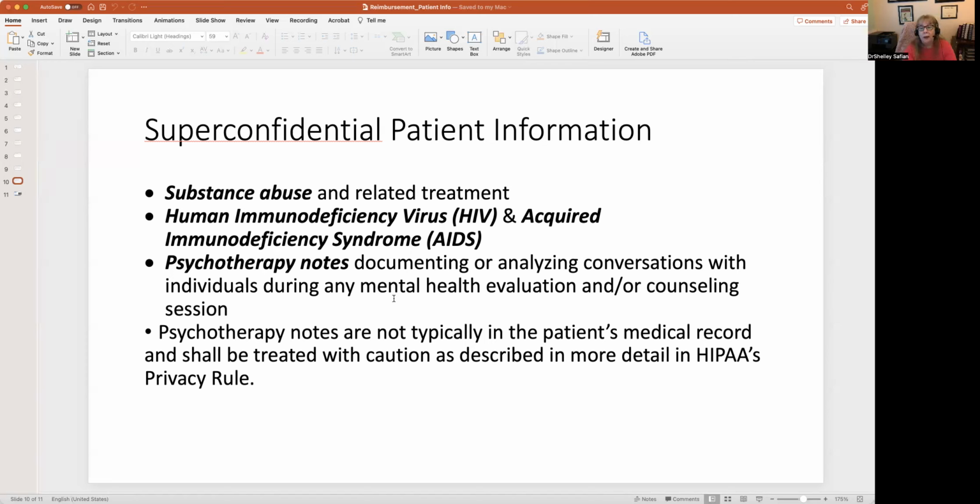This is all described in HIPAA, but you need to know that substance abuse, HIV status, AIDS status, and psychotherapy notes are not included under the general HIPAA guidelines for use and disclosure, mostly disclosure. And I think you can see by the topics at hand that you need to specifically ask the patient, is it okay?